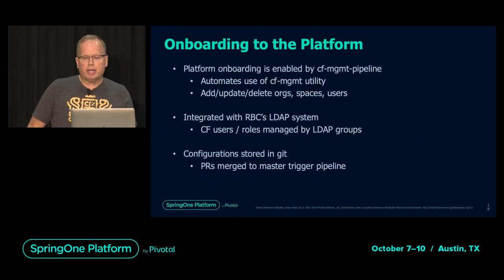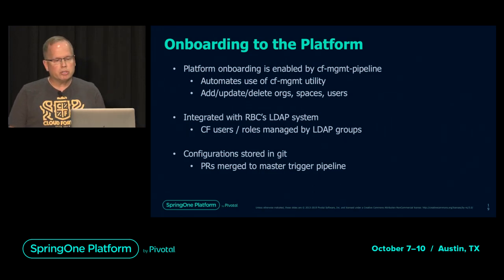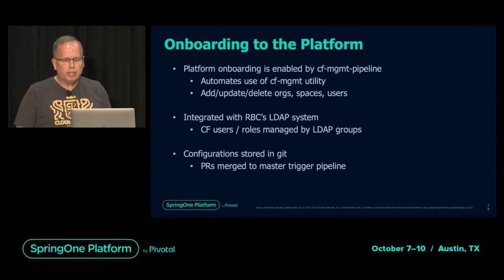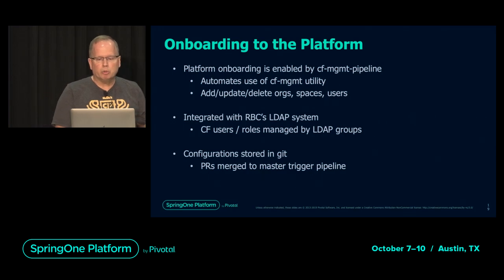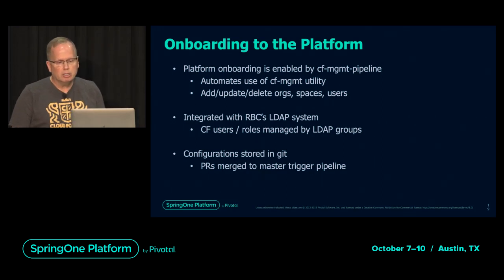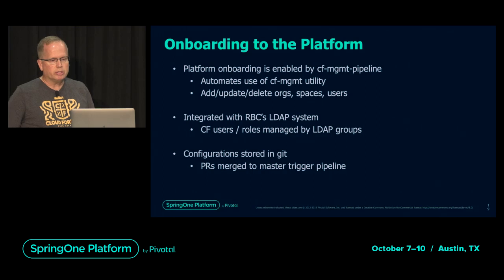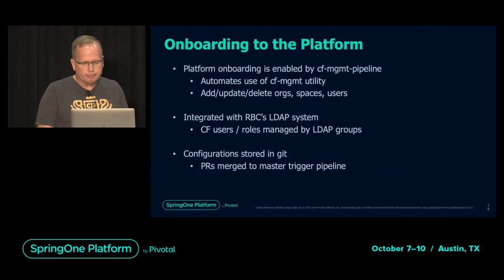RBC uses an LDAP for authentication, and the orgs and space users are managed via LDAP groups specified in a CF management config. And we store that config in Git, and then when pull requests are merged to master, the pipeline creates the orgs and spaces and users based on the LDAP group memberships.